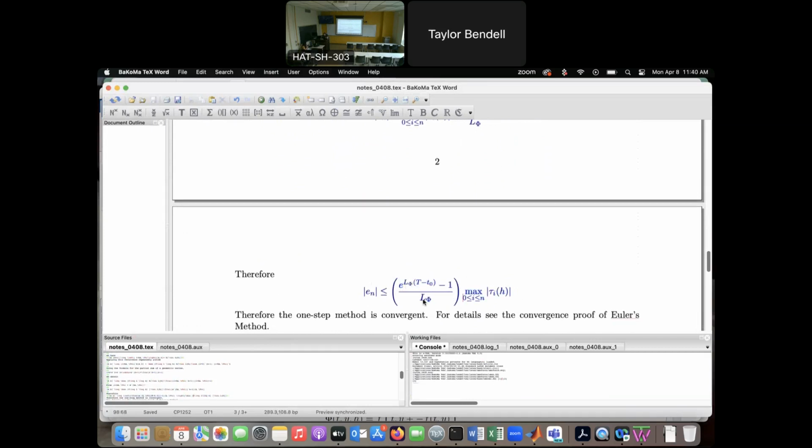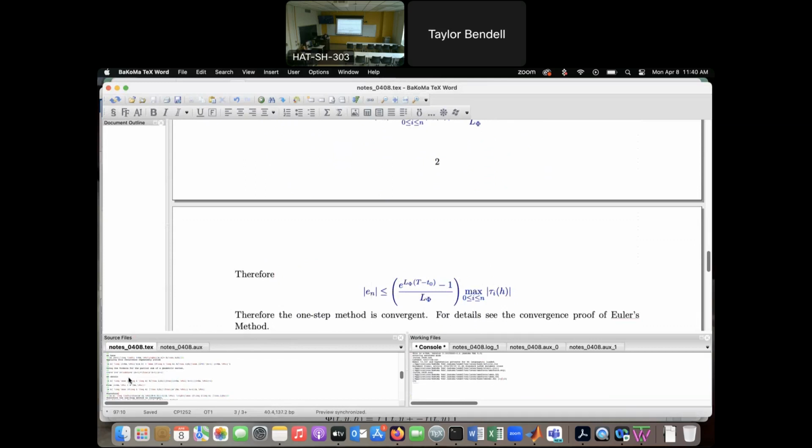The expression in large parentheses is independent of h and n. It's just a fixed constant. And then by using the assumption of consistency that the local truncation error goes to 0 as h goes to 0, the global error goes to 0 as h goes to 0 across all time steps.